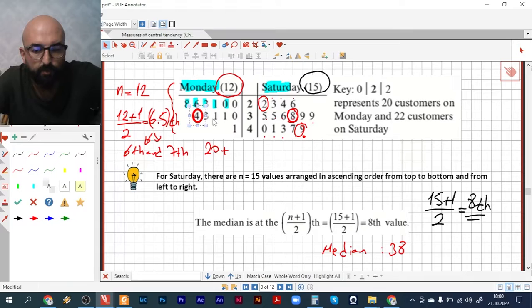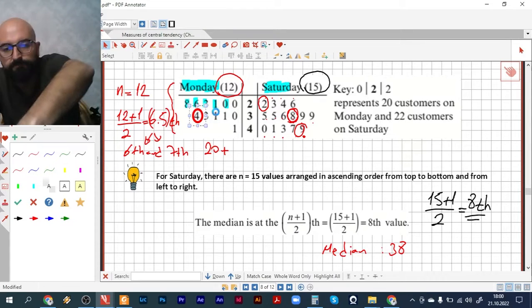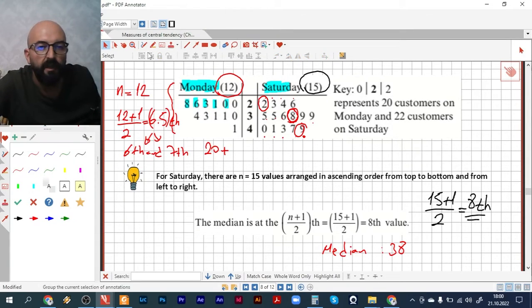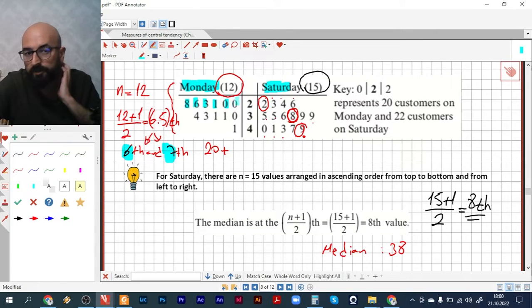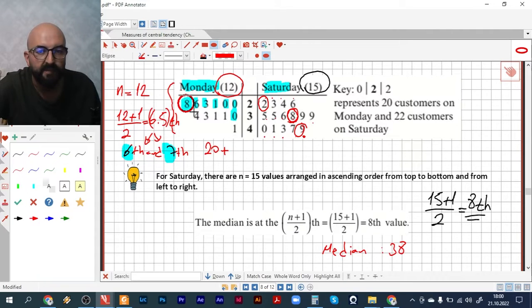If we want to count the sixth and seventh values, we should count like this: 1, 2, 3, 4, 5, 6 and 7. So we should take the 28 and 30 values.